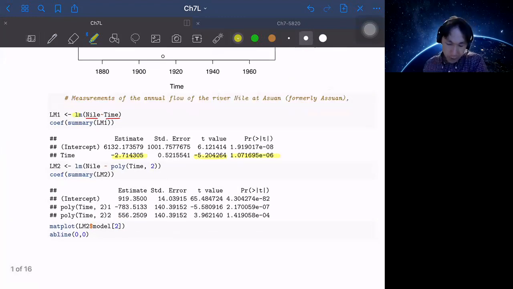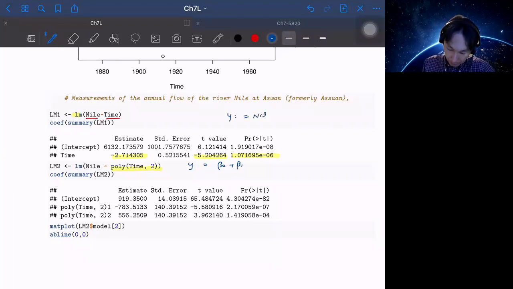Now we fit the polynomial regression with degree 2. Here y is Nile and x is time. This is one simple way to write polynomial regression, but here we have different bases.